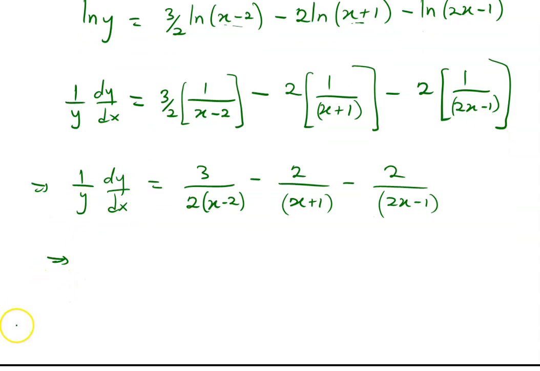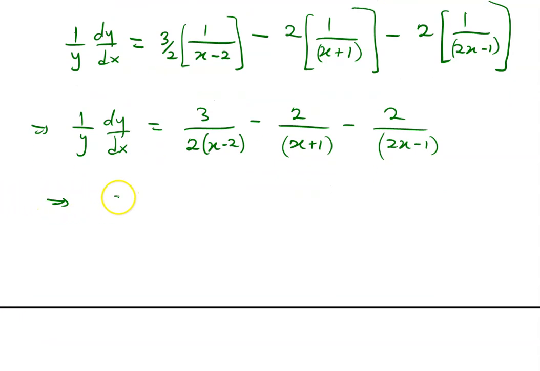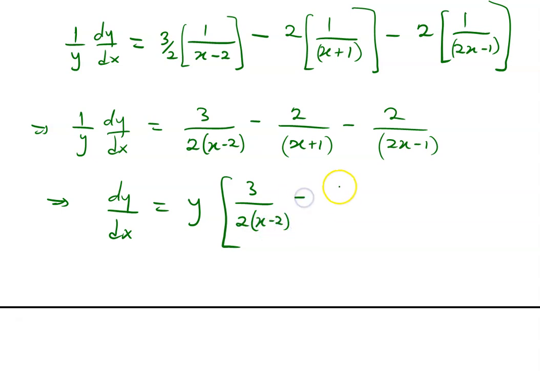I'm going to get dy/dx equals y into brackets 3 over 2(x minus 2), minus 2 over (x plus 1), minus 2 over (2x minus 1).